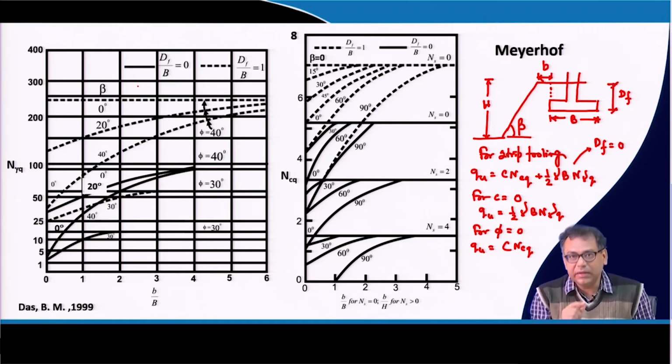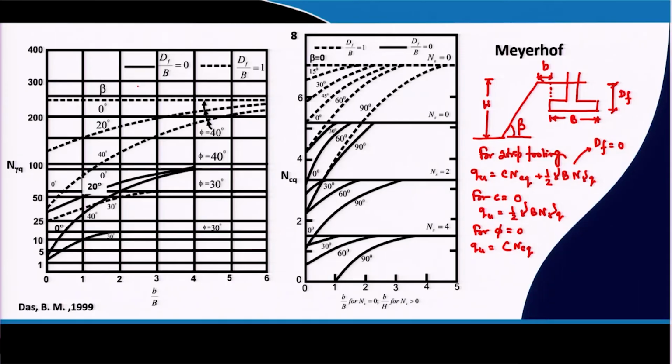So what does it mean? Ideally, if D_f equal to 0, this equation is valid for a foundation on the slope, but the depth effect, the foundation depth effect, is incorporated in the bearing capacity factors.